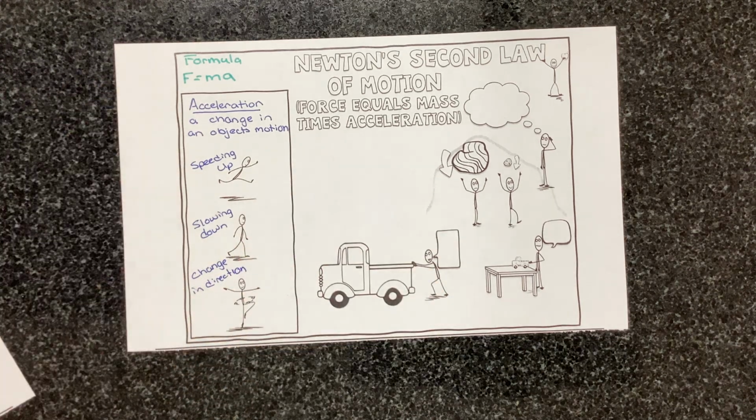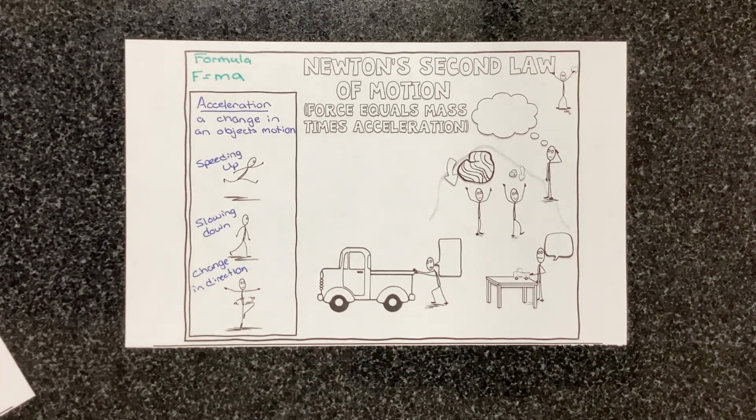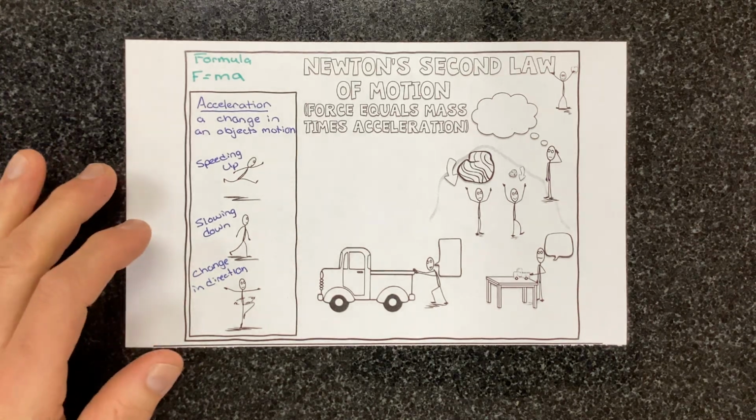If you ever want to think about, like, trying to remember what are the different things in acceleration, think of a roller coaster. That's acceleration. Roller coasters are speeding up, changing direction, slowing down. So let's dig a little bit deeper and take a look at what this means in our world.